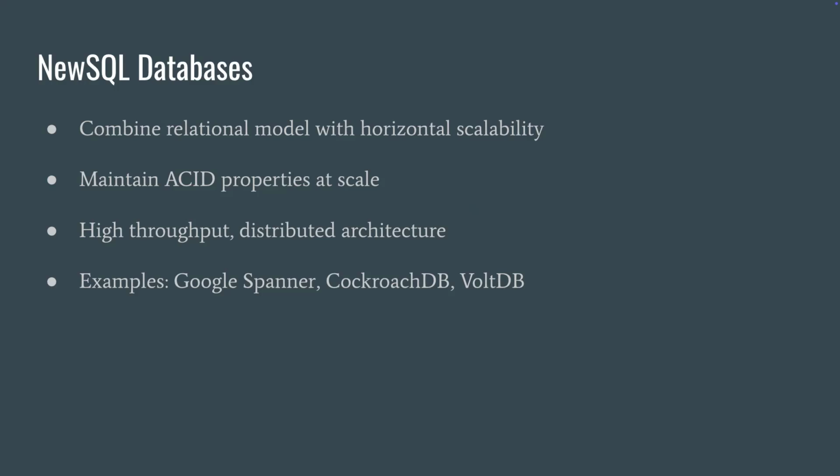Google's Spanner database is a pioneering example. Google Spanner is used internally at Google to handle a huge scale of data with global consistency, which is not possible in traditional relational databases or traditional NoSQL systems. After Google Spanner, there are NewSQL databases such as CockroachDB or VoltDB.